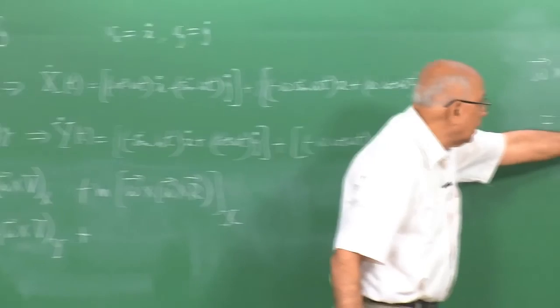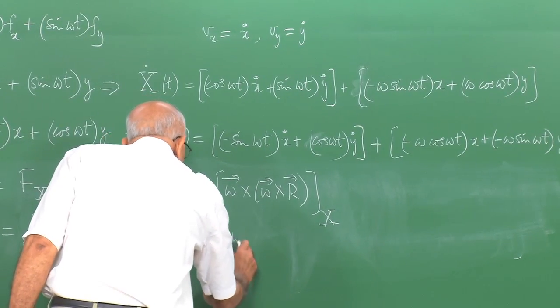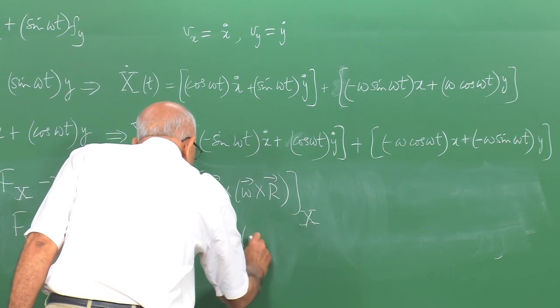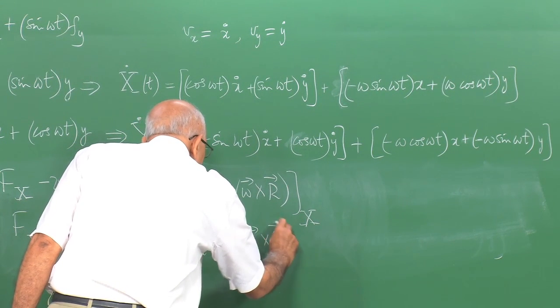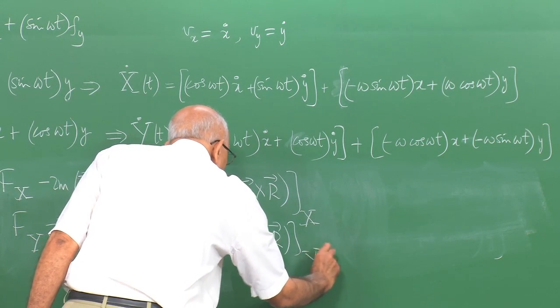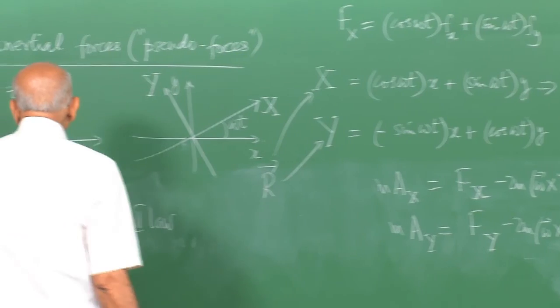It's this minus sign which is already sitting there. So plus m times omega cross R, the y component.